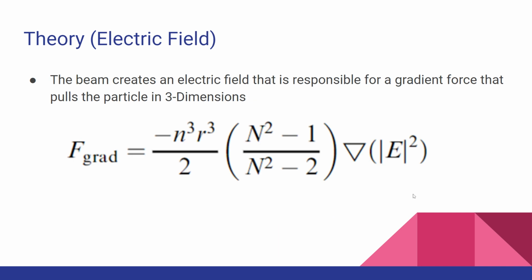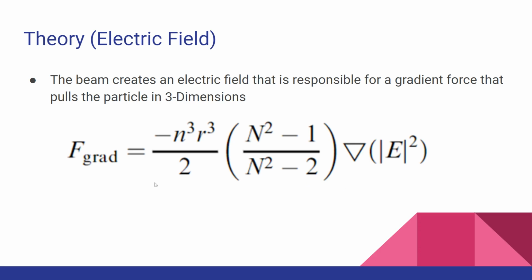The second explanation for optical trapping is due to the electric field of the beam. The beam creates an electric field that is responsible for a gradient force as in the equation shown below, with n being the refractive index of the particle, r being the radius of the particle, capital N being the refractive index of the medium over the refractive index of the particle, and E being the electric field.